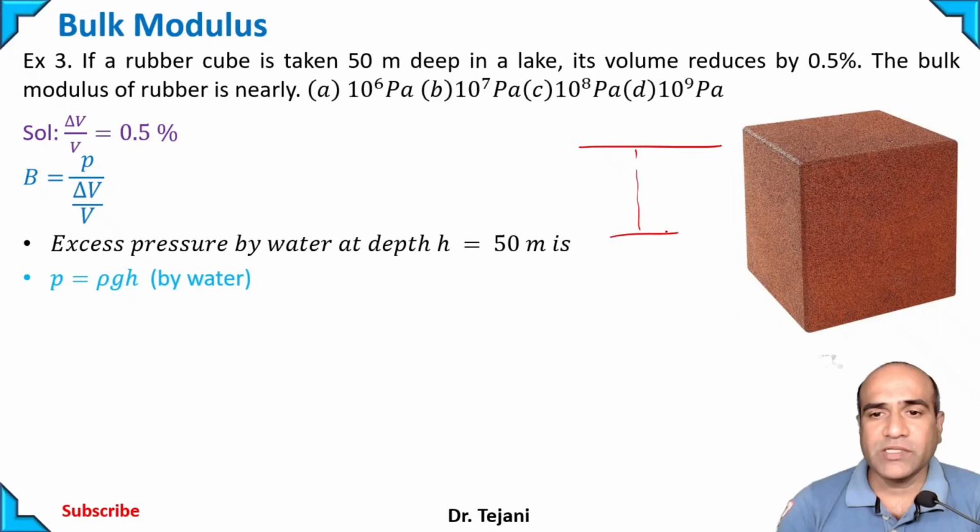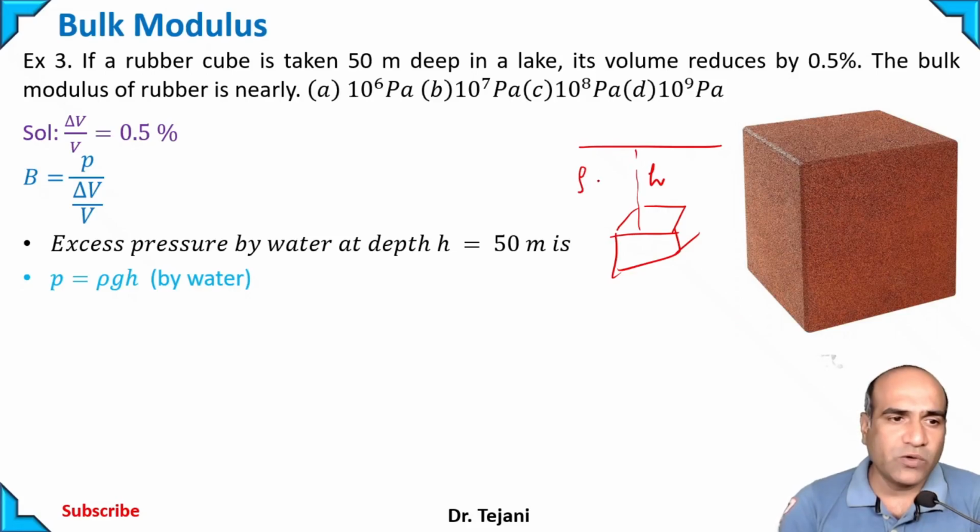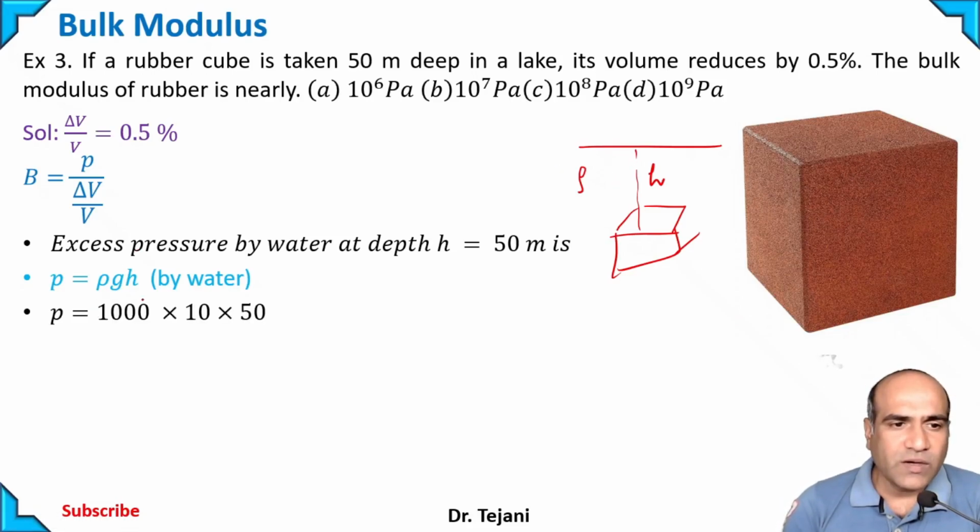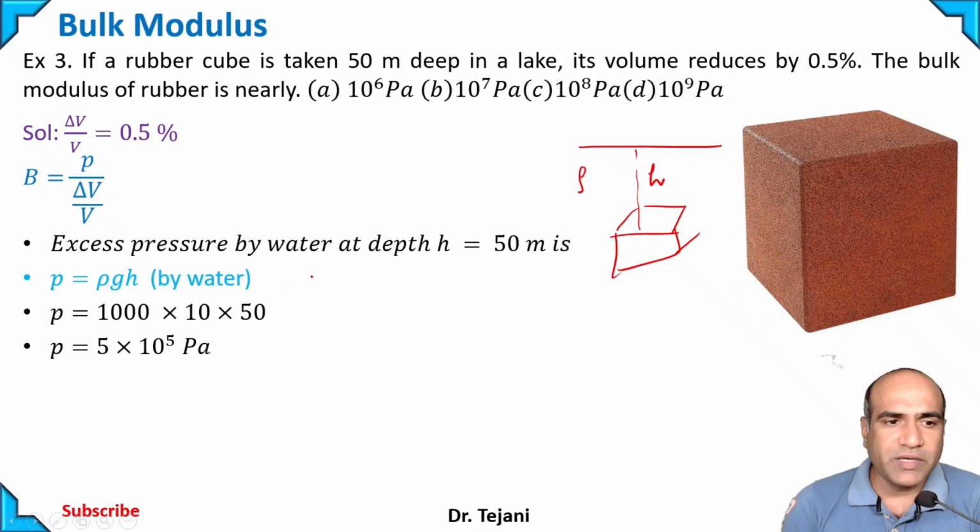The density of water we know is 1000, and g we can take as 10. So 1000 multiplied by 10 multiplied by h, so P is equal to 5 multiplied by 10 power 5 Pascal.